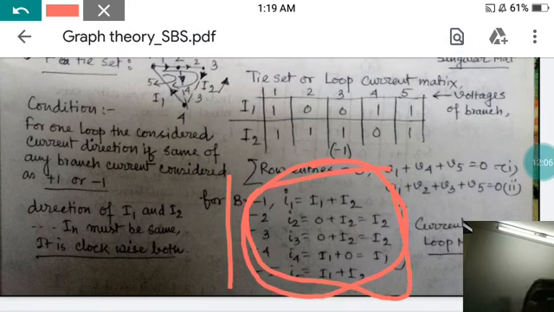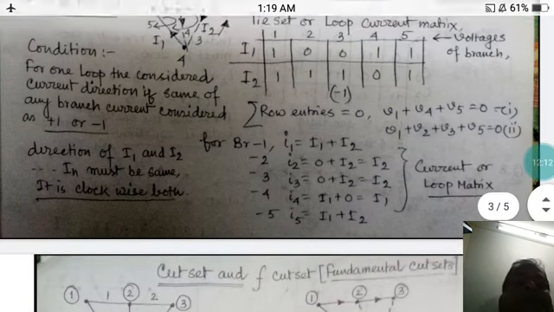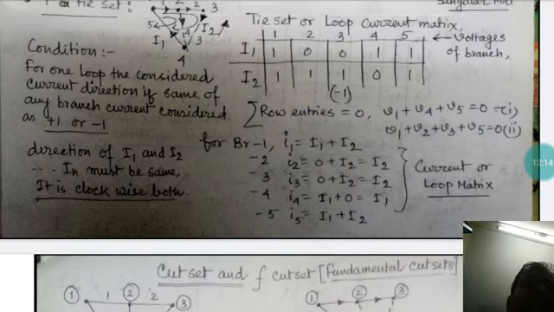This particular matrix is often called the current matrix or loop matrix. Somebody says current matrix, somebody says loop matrix. The direction of I1 and I2 must be the same.